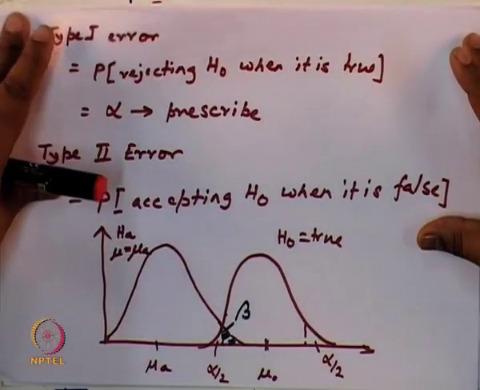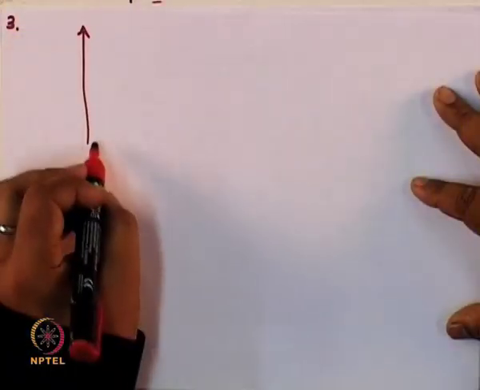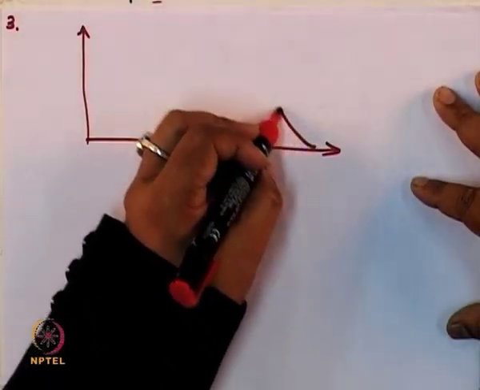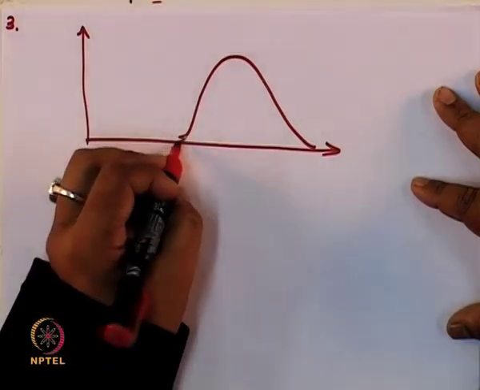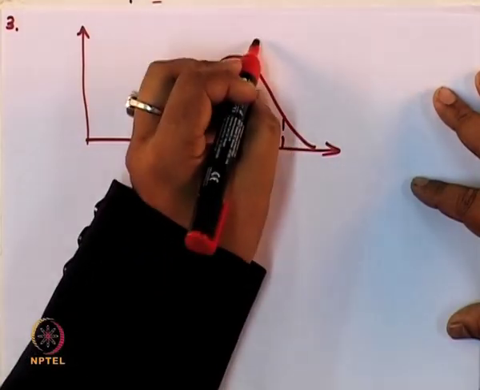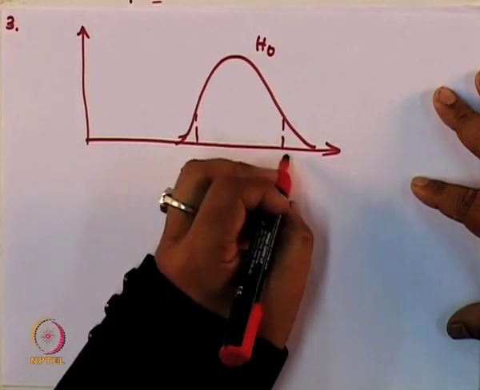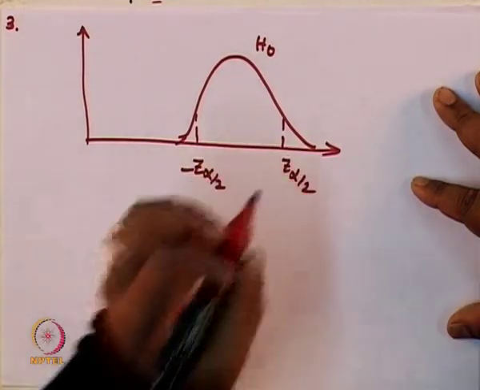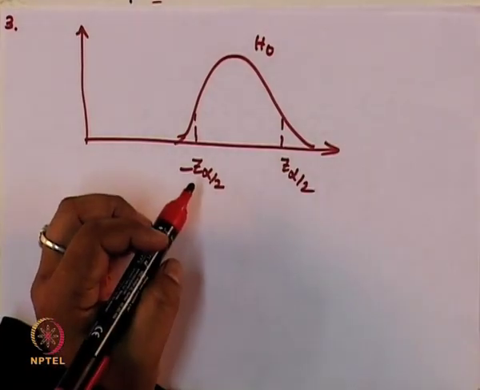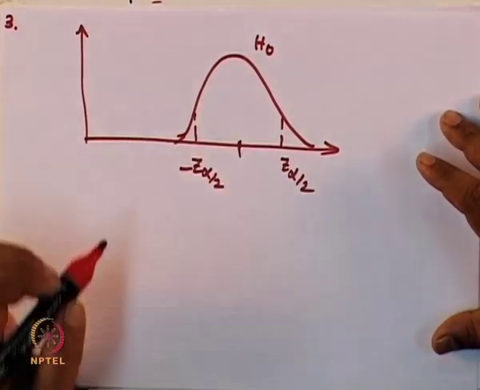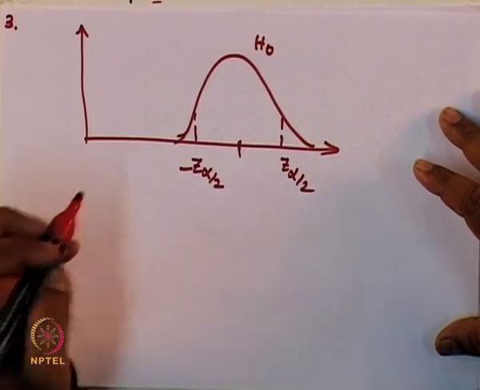So, how do you calculate beta? For your H naught, you calculate minus z of alpha by 2 and z of alpha by 2, and you know what the range, the confidence interval, is.